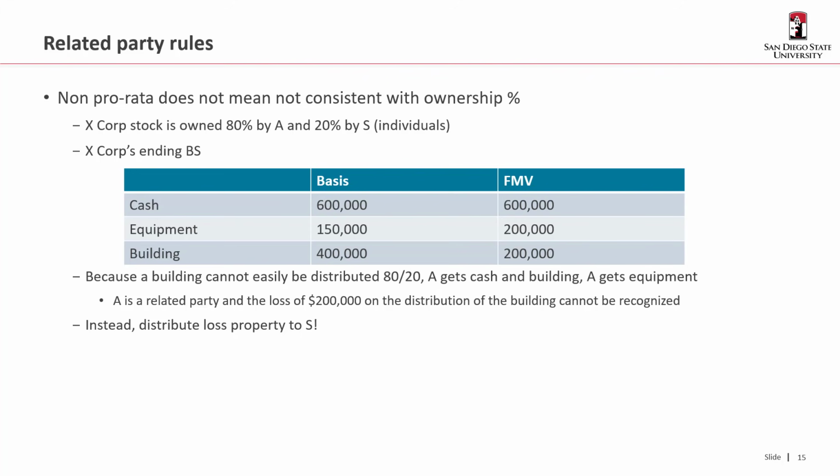So that's where the lost property is. So you would treat A as a related party, and therefore the loss couldn't be recognized. So what you would want to do there instead is distribute the lost property to S. S as a 20% owner is not considered a related party, and therefore the loss could be recognized. Now, naturally, the inclination is that S actually wants the building. So sometimes you can get caught in a pinch.